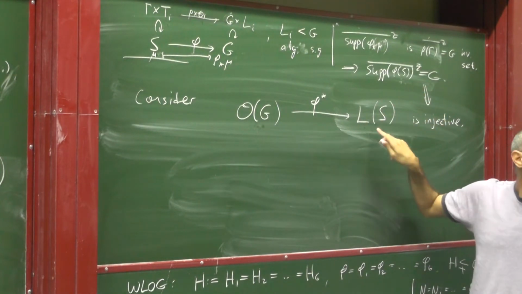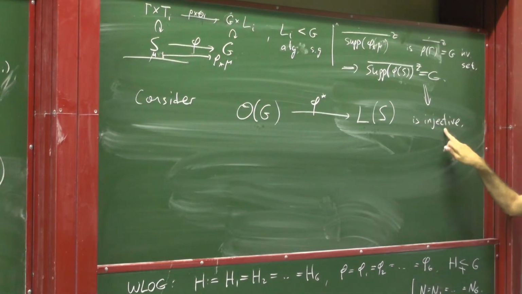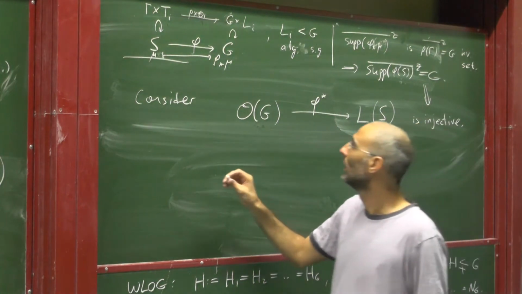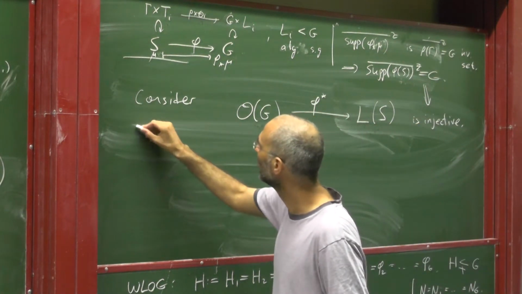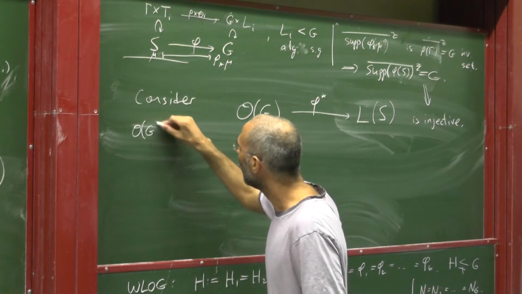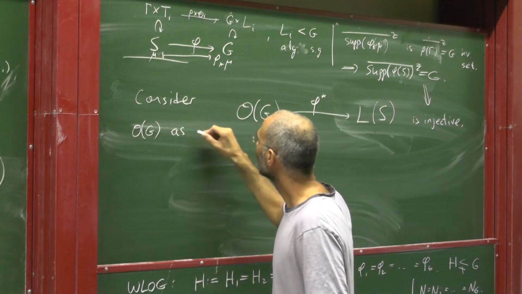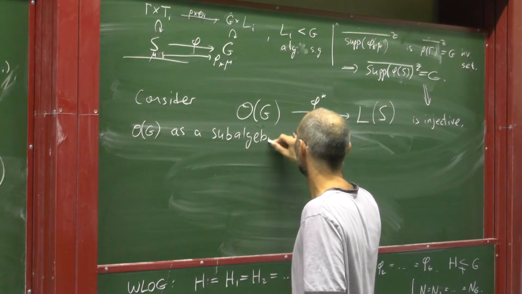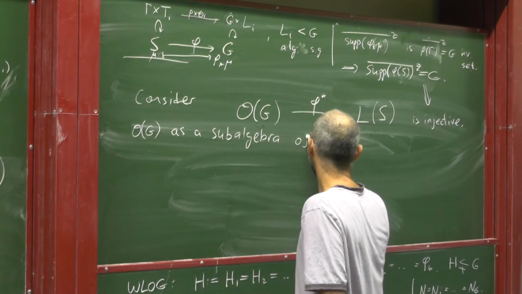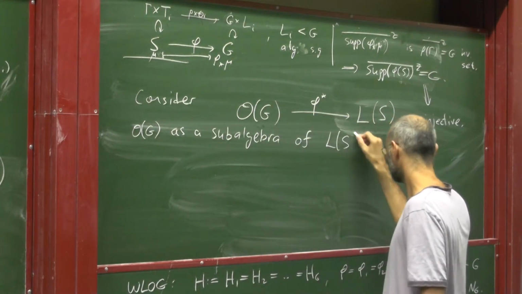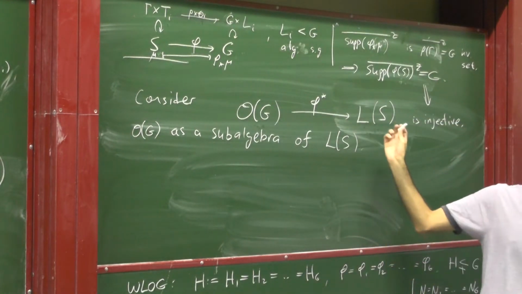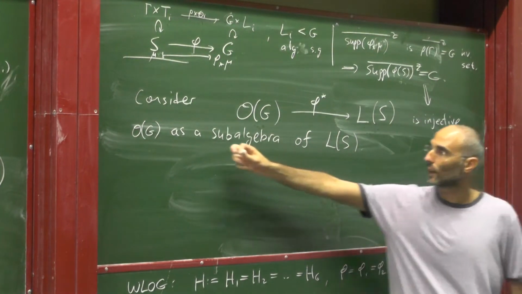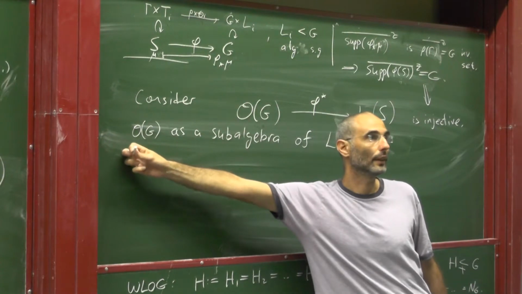So the image is not zero. This means that this map is injective. So in my mind, I'm considering O of G now as a subalgebra of L of S. Don't get mad at me for doing it. If you don't like it, write the phi star here.